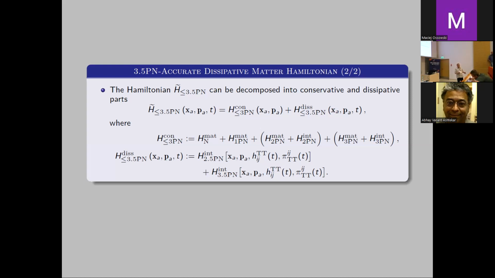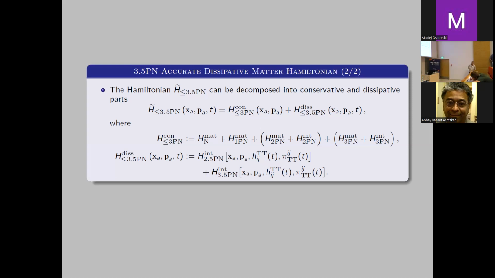But our problem was that the way in which we regulate infrared divergences is not unique. We have found some ambiguity.